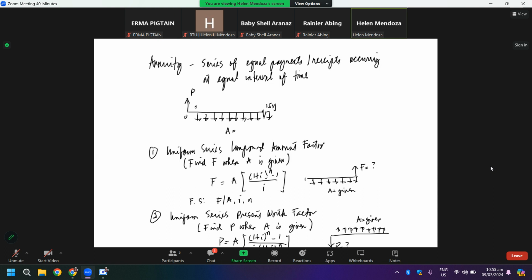So we add two more factors. So we have three. We call that the uniform series sinking fund factor.